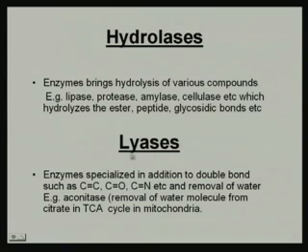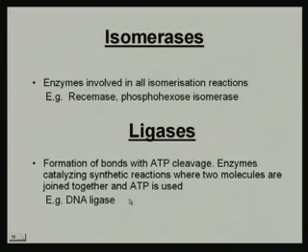When we are talking about the lyases, these are enzymes which specialize in addition to double bonds such as C double bond C, C double bond O, C double bond N, etc., and they also remove water from the reaction. Say, this aconitase group of enzyme. I will be talking to you about this group of enzyme in subsequent classes.